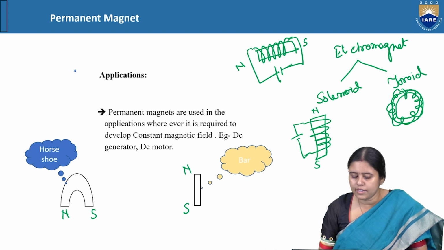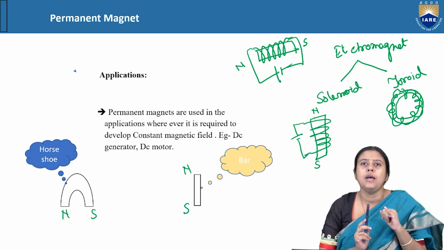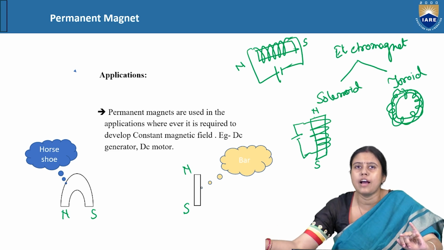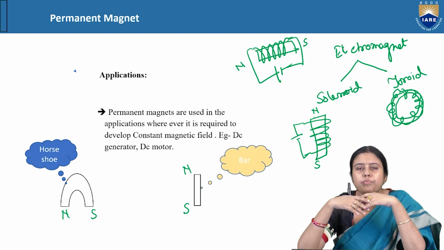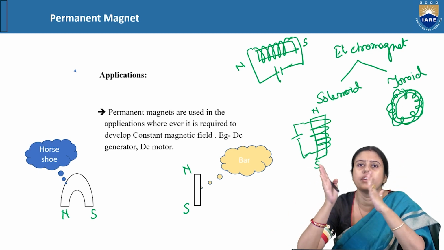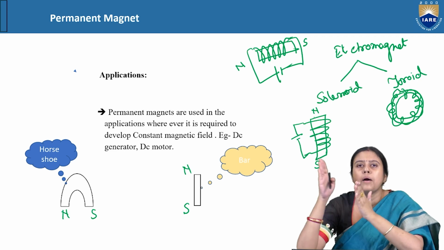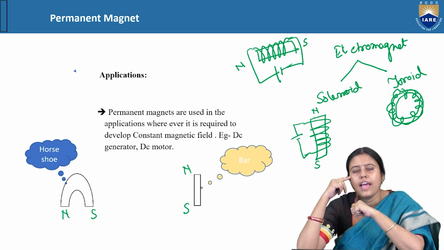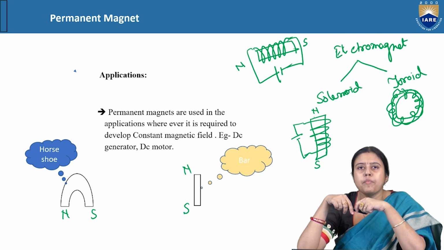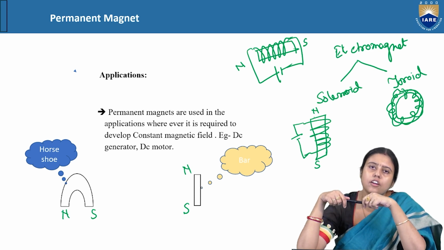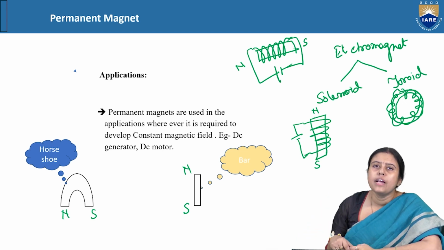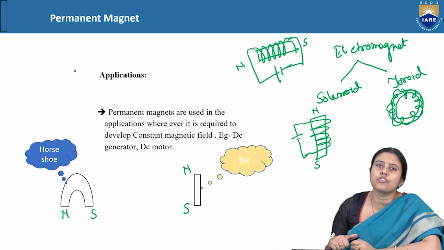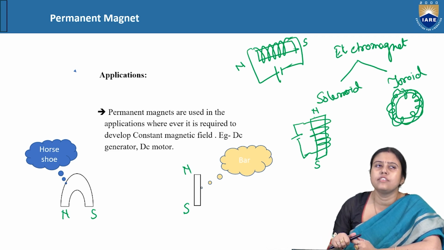So in today's discussion, we have discussed the magnetic field. Then we discussed the force on the magnetic field, the Lorentz force. The Lorentz force has two components, force due to the electric field plus force due to the magnetic field, and we got the equation F is equal to QE plus QV cross B. Then we discussed the force on a current element, which comes as F is equal to BIL sin theta.